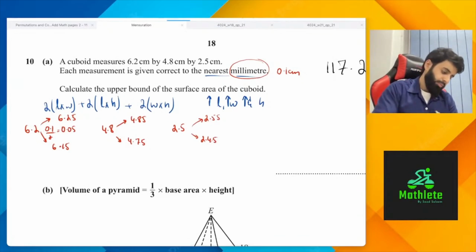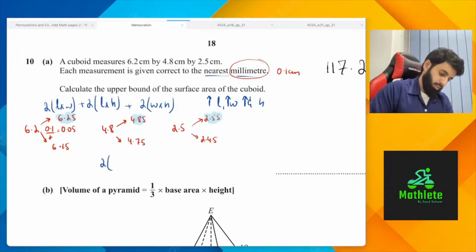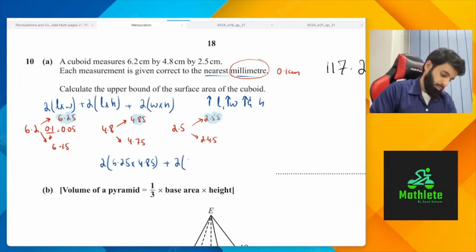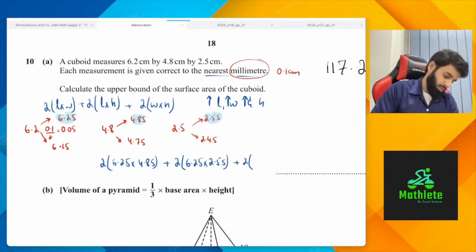Now, obviously we're going to take all the upper bounds 2.55, 4.85 and 6.25 and plug them in the formula. So twice of length into width, that means 6.25 into 4.85, plus twice of length into height, that means 6.25 into 2.55, plus twice of width into height, that means 4.85 into 2.55.